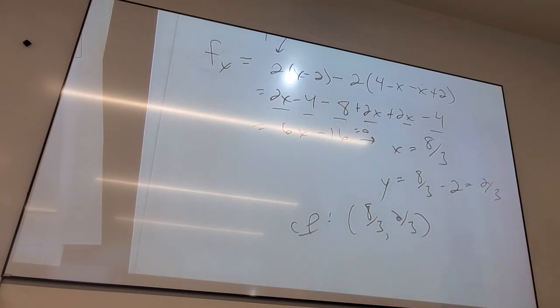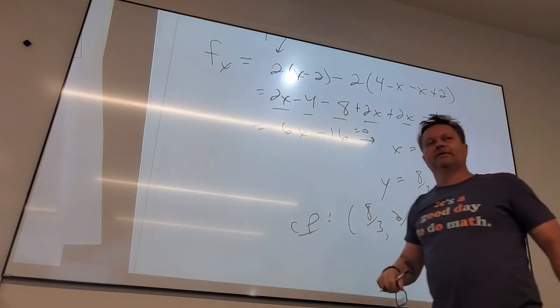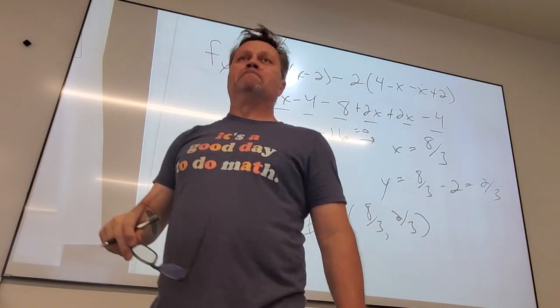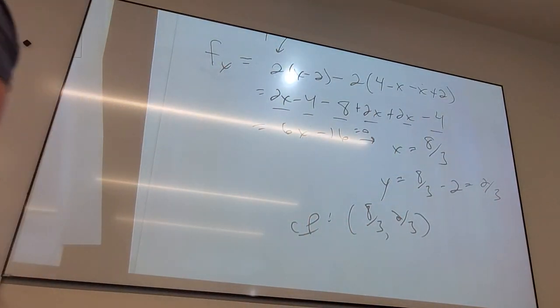And then how do I check to make sure this is actually the minimum? You have to take the second derivative. You can do the second derivative test, yes? Now to be honest, you could actually take a point close to this, plug it into f of x y, and show that it's bigger than what you get when you plug this in.